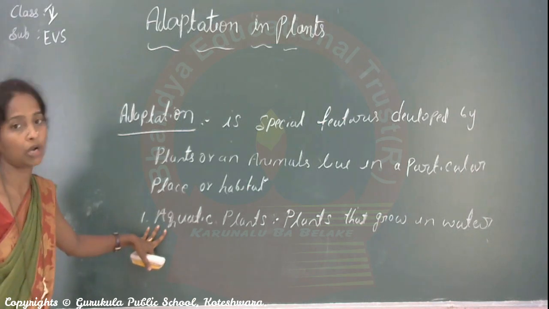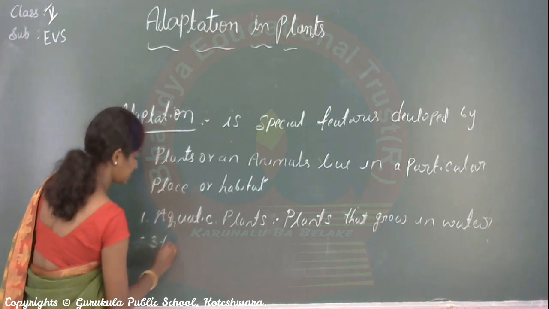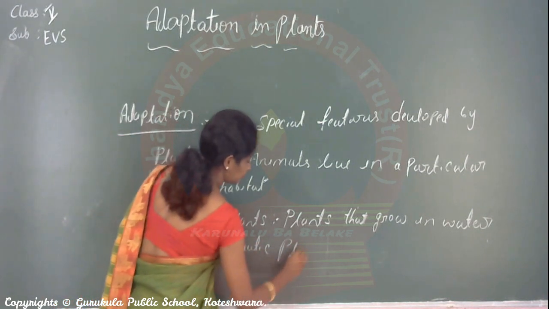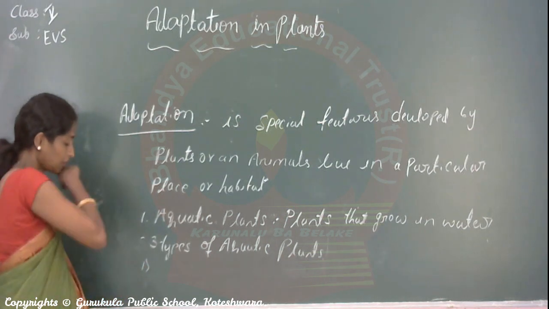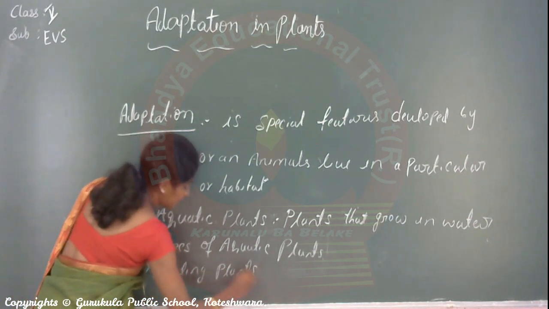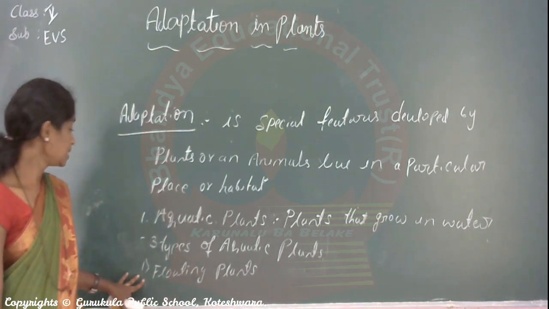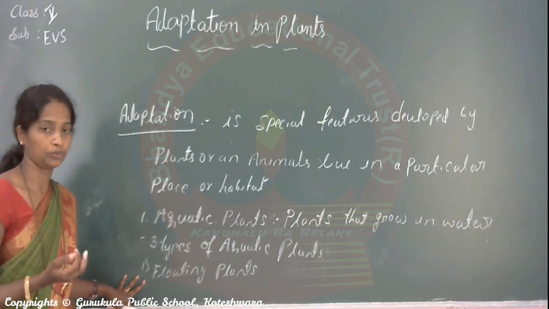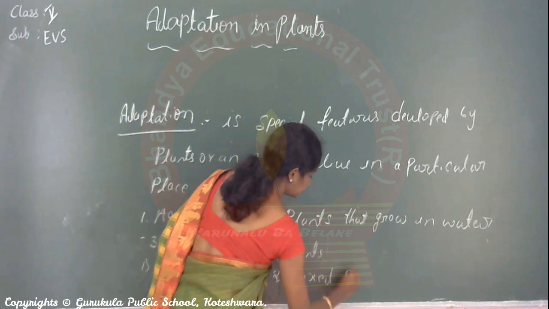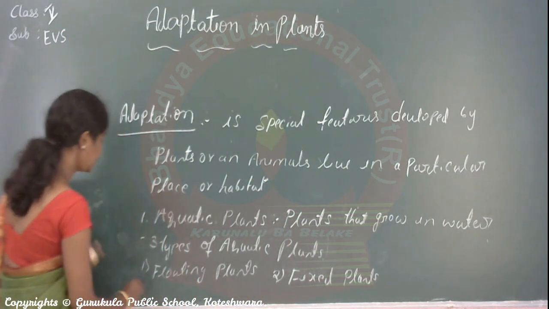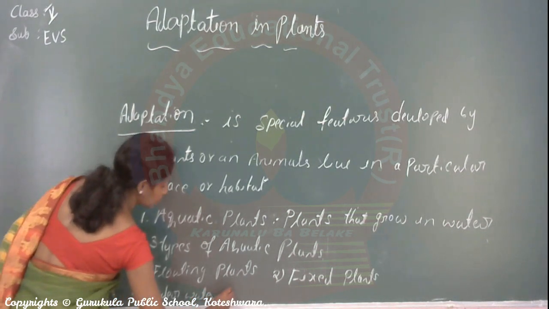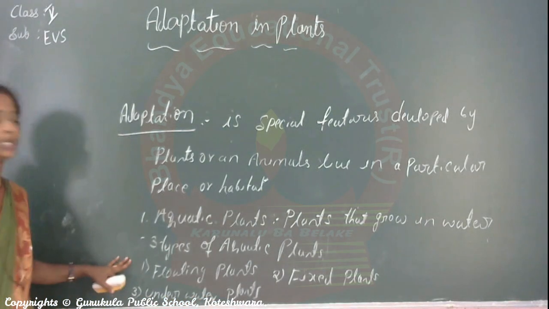There are three types of aquatic plants.